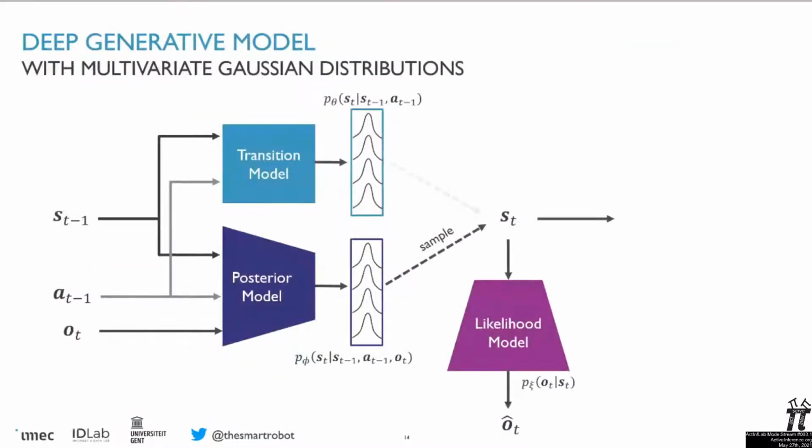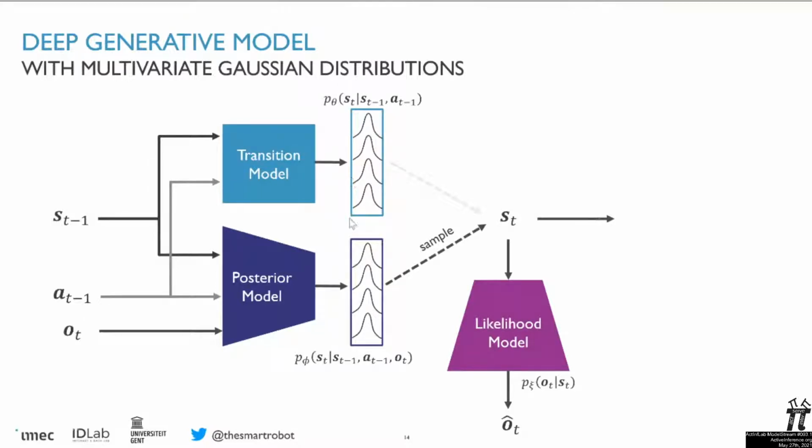If we put it in a schematic, we have something like this. Given your state and action from the previous time step and the observation from the current time step, you on the one hand provide the previous state and action to your transition model, which will then output a distribution over the current state.